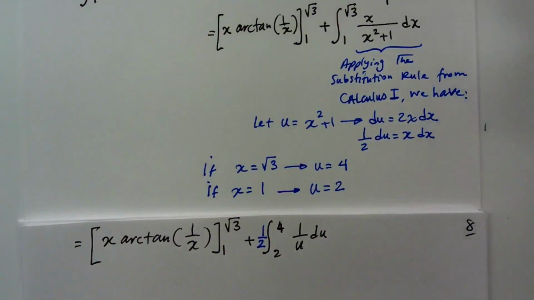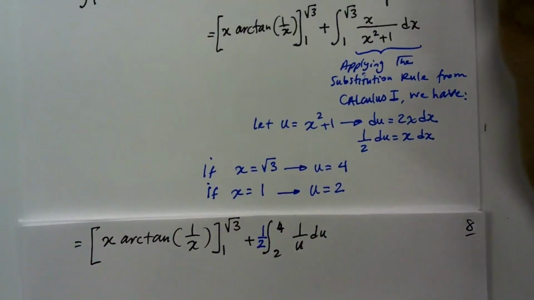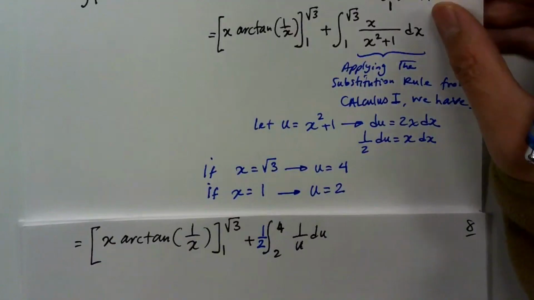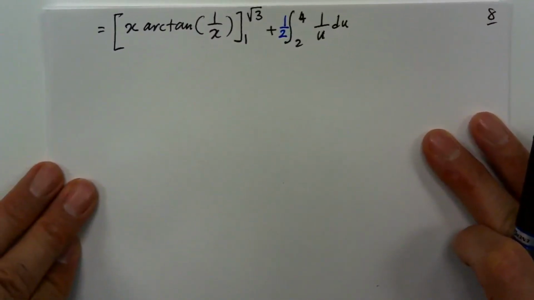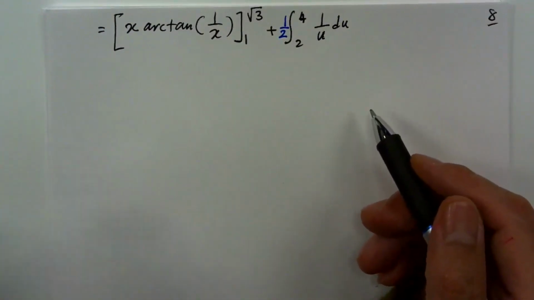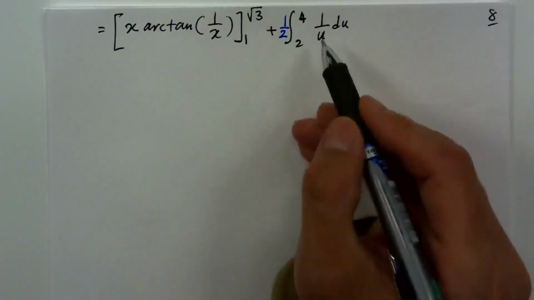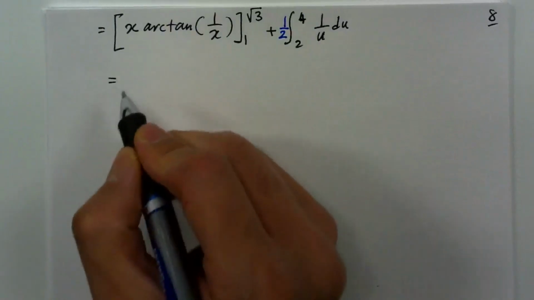Okay, I hope that makes sense to you. If not, please let me know. I'm counting on you to let me know if you have any questions about that. But I think that step was clear. Okay, so now this is a pretty easy integral to deal with.